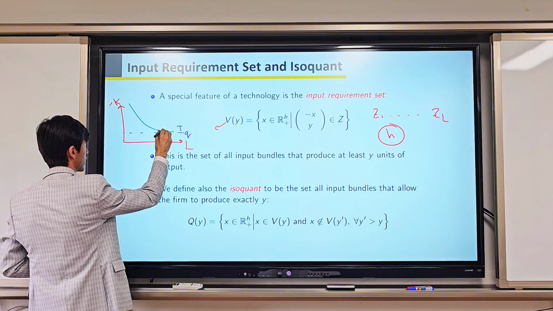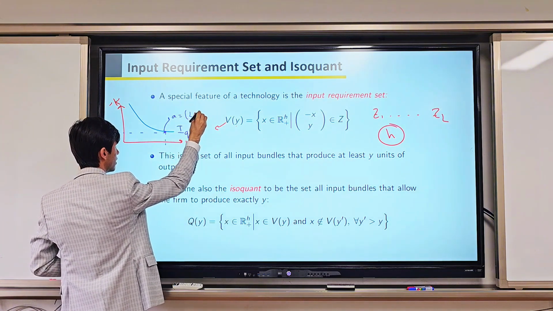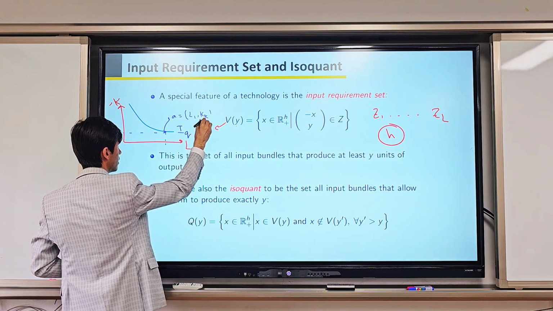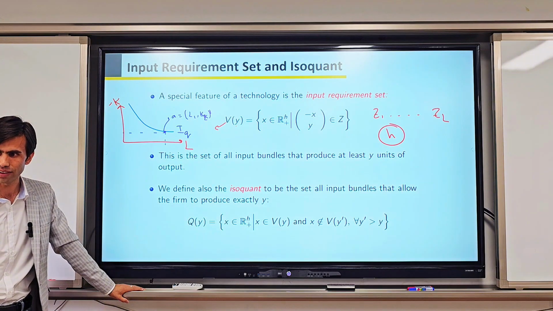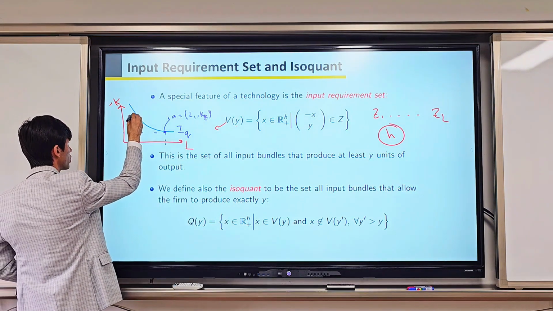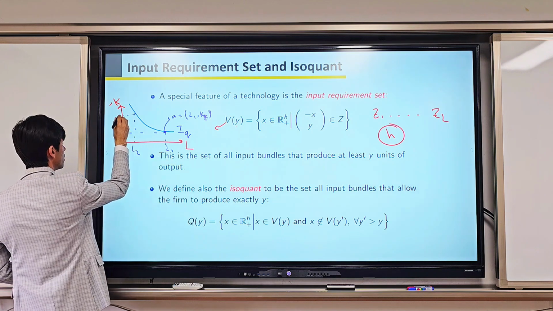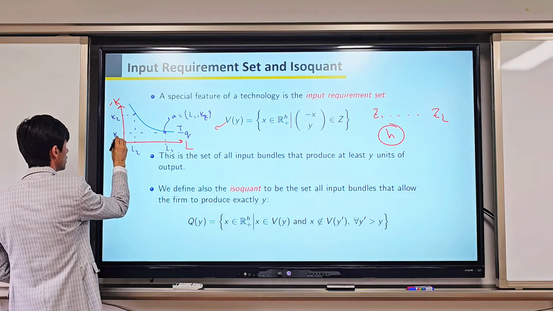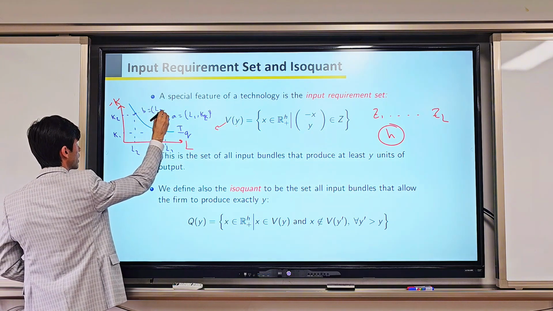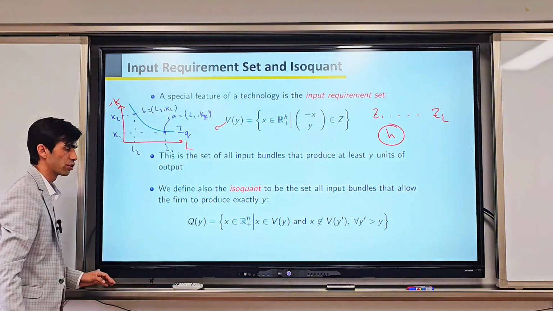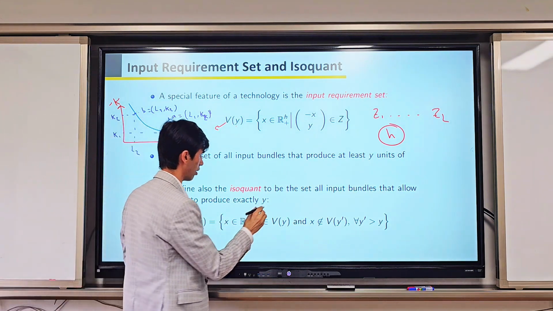for example, this point is A, which is equal to L1 and K1. Either you use the combination of L1 and K1, or you use the combination B, which is the combination of L2 and K2. They produce exactly the same amount of output. How can we write this down?